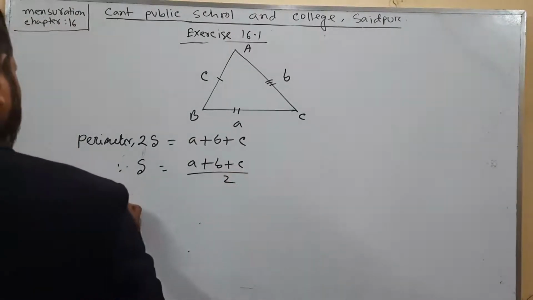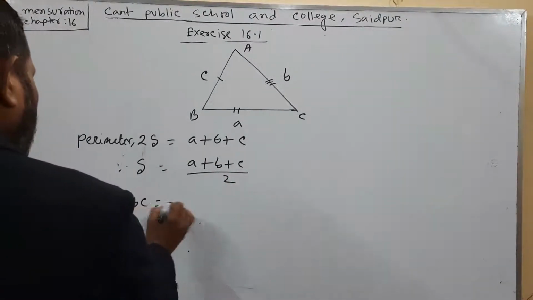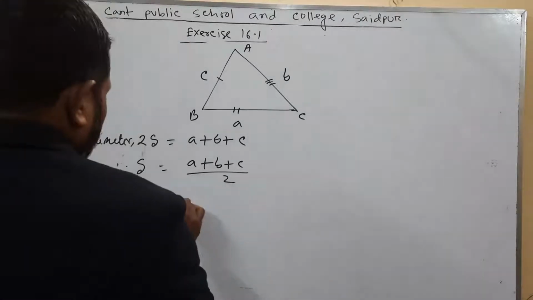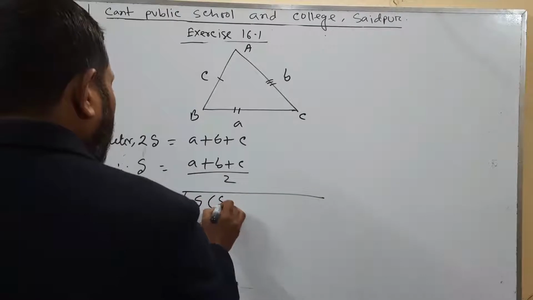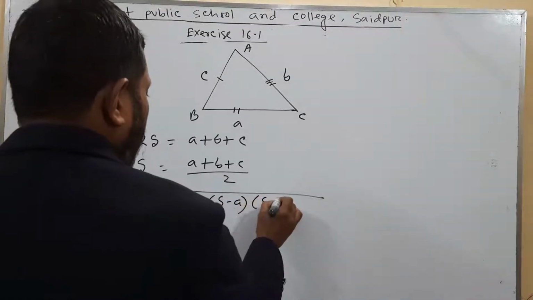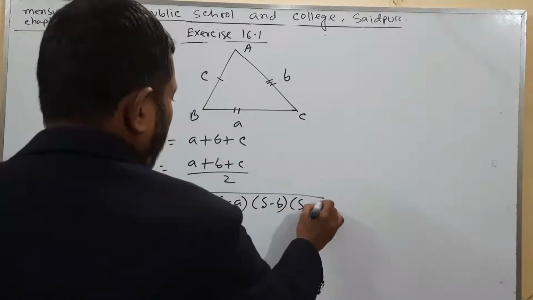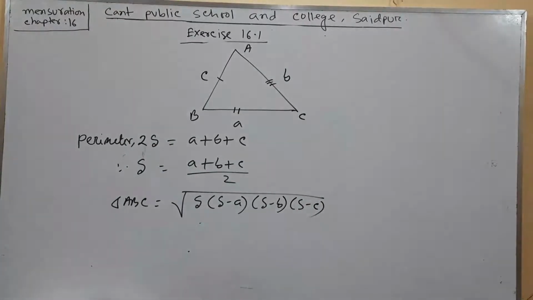So the area of this triangle ABC is square root of s into s minus a, s minus b, and s minus c. This is the area for a scalene triangle.